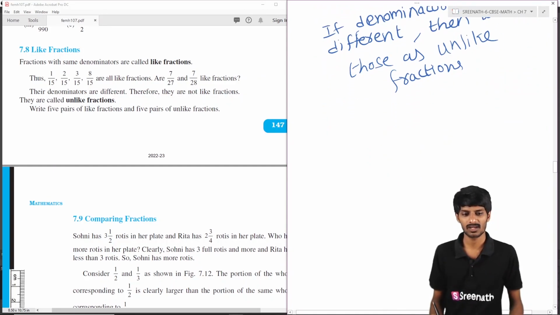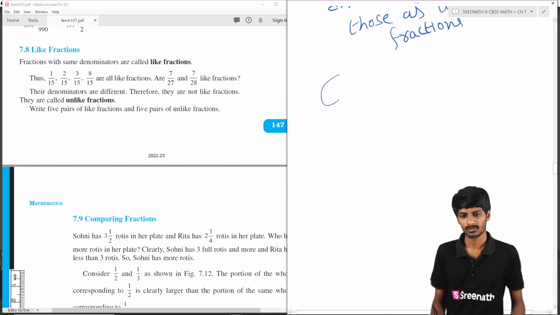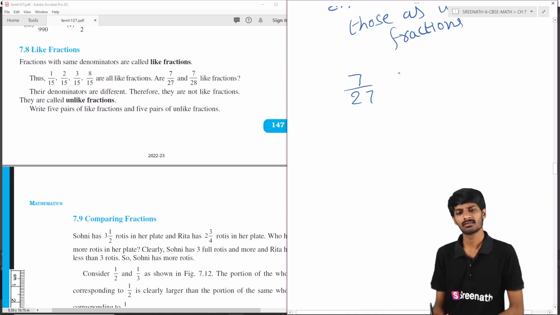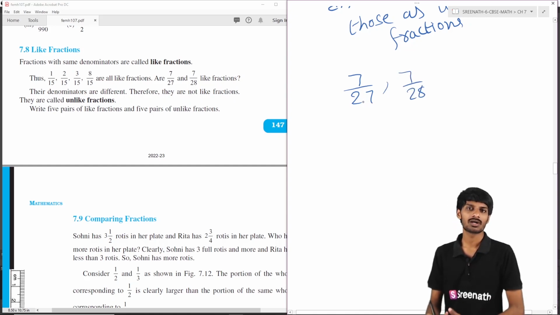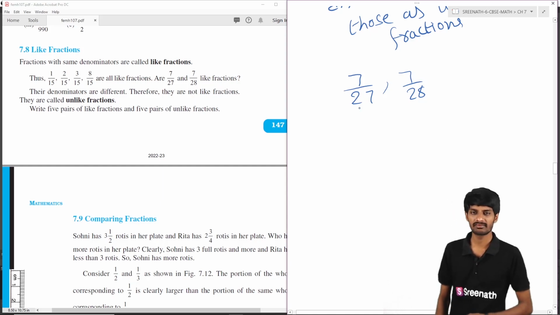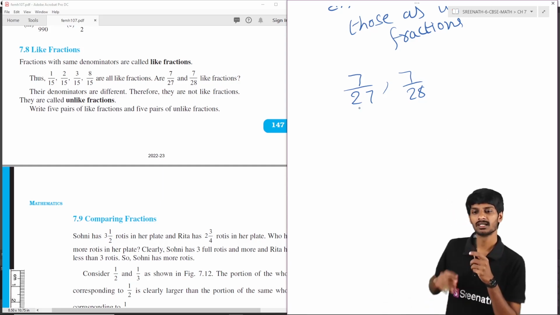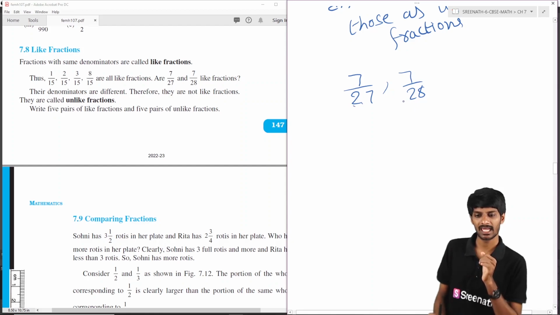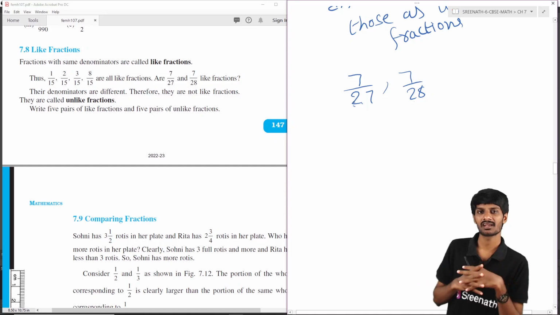This is the case, students. Take 7 by 27 and 7 by 28. These are unlike fractions. Why? Their denominators are different. Even though the numerators are the same, we don't say them to be like fractions, students. So the denominator must be the same, then only they are like fractions. If the denominator is different, they are unlike fractions. That is the case, students.